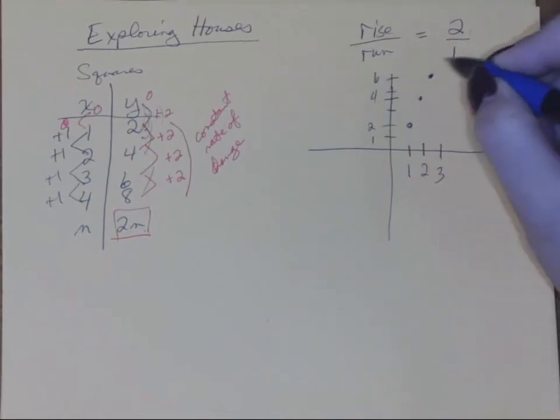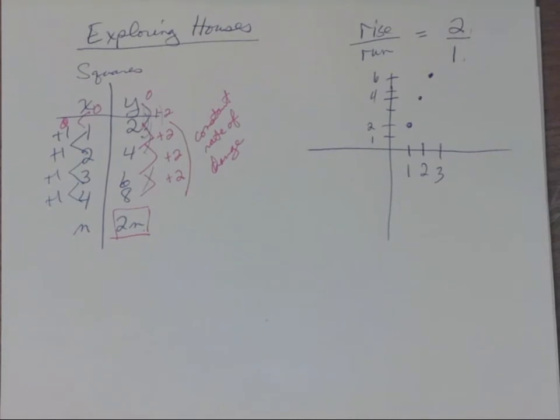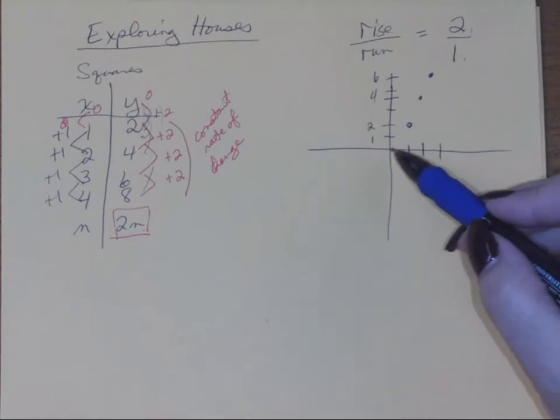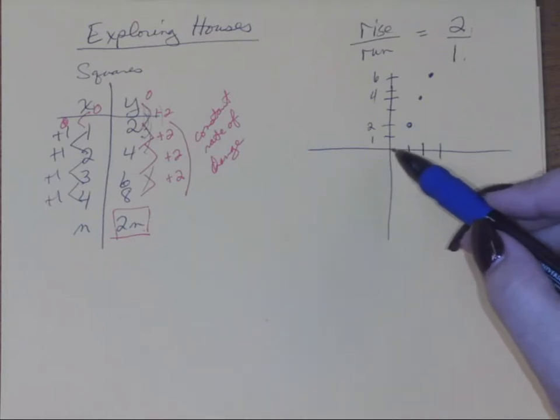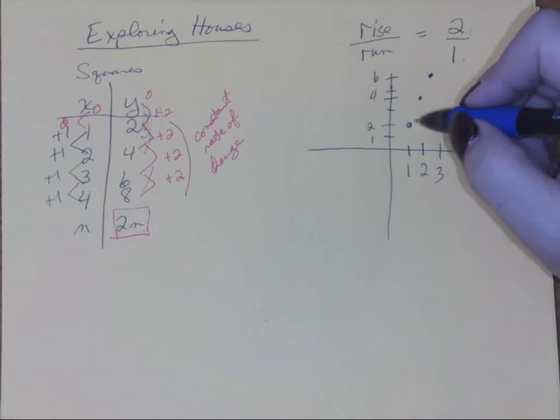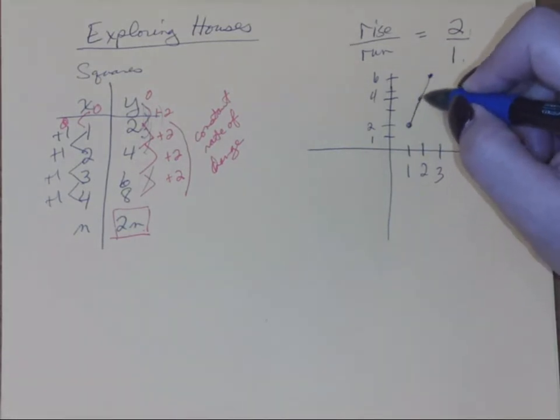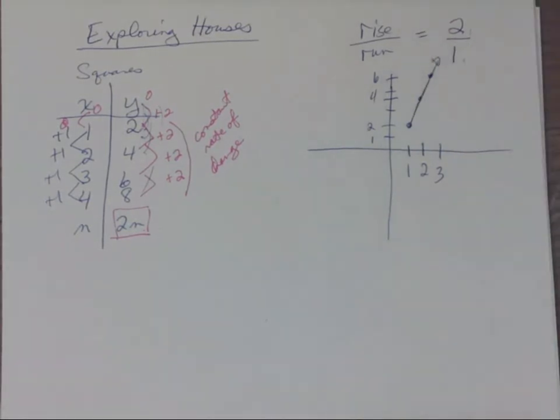If I just scatter plot these, I can see it looks linear. (4, 8) would be even above that. By the way, don't draw the (0, 0) point. We know it would be there, but it wasn't given. We don't have the 0 house with 0 squares, so don't do that. But we see a nice linear equation coming in there.